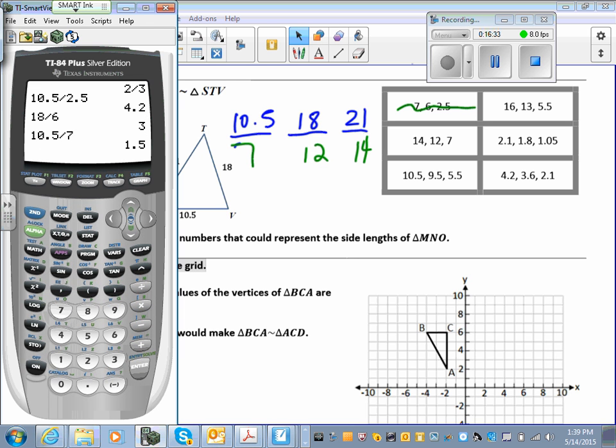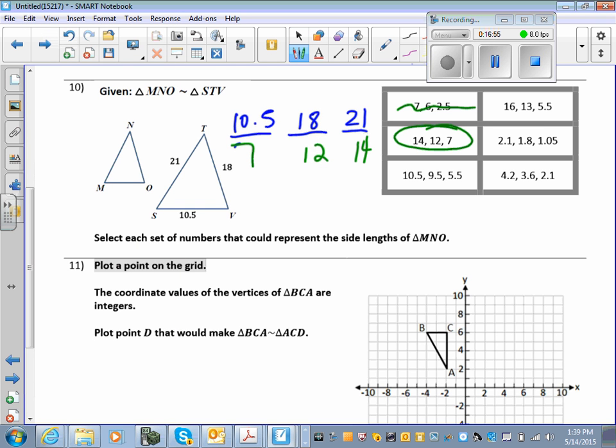So I'll do 18 divided by 12. That gives you 1.5. Then you do 21 divided by 14, which gives you 1.5. So are they all proportional? They give you the same scale factor, right, Barakat? All right. So then you have to pick this one as your answer. But it might be more than one answer.